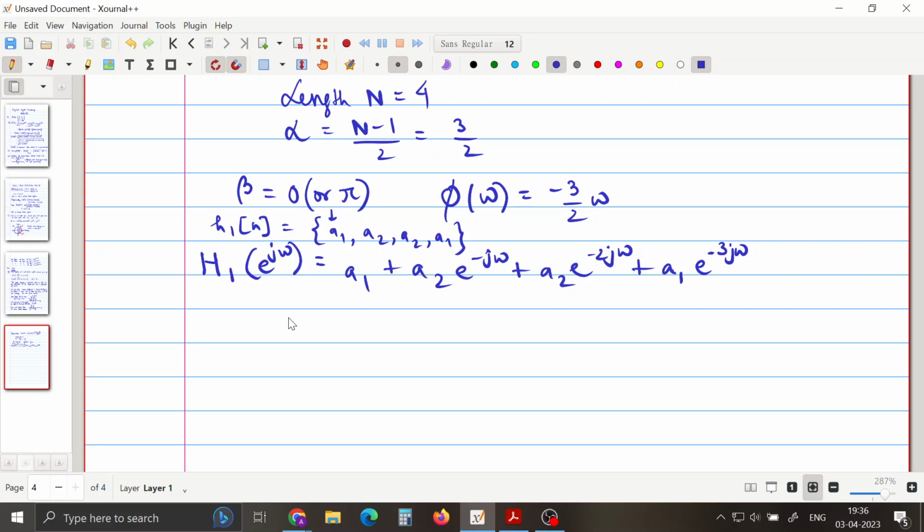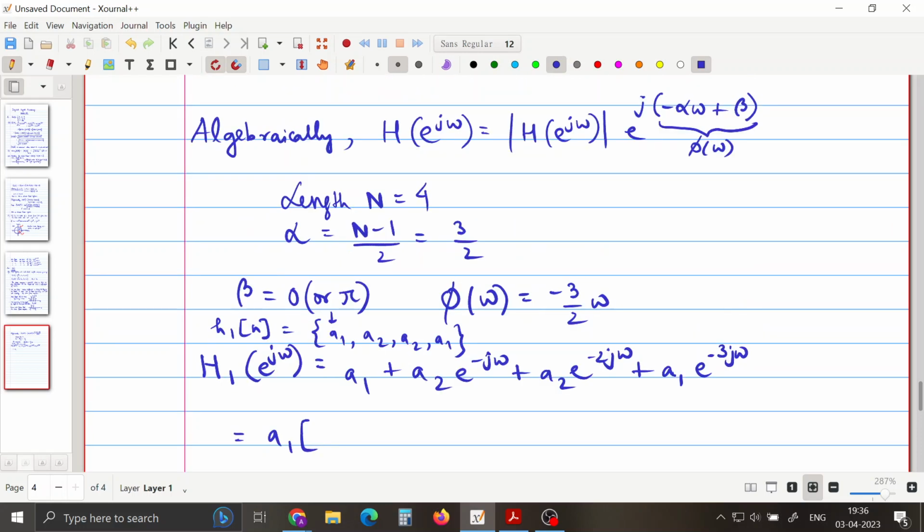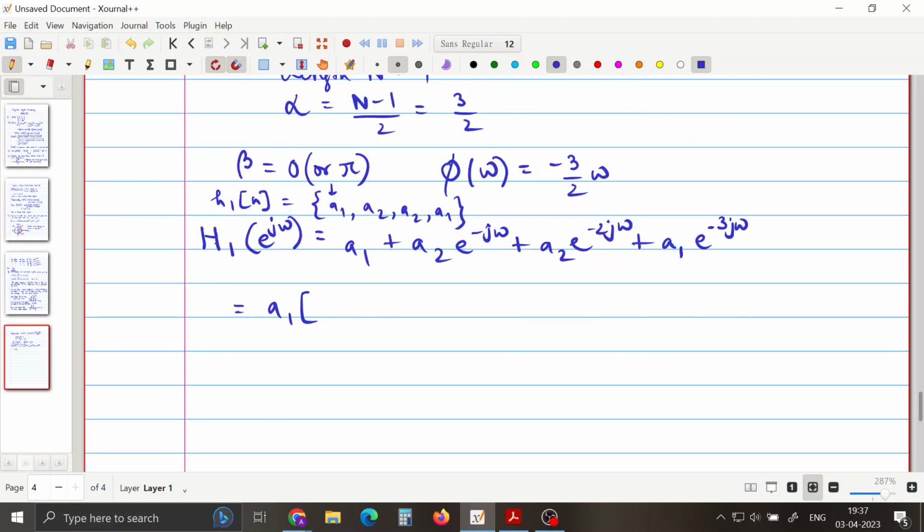Now you can write this as a1 times 1 plus e power minus 3j omega, plus a2 times e power minus j omega times 1 plus e power minus j omega.